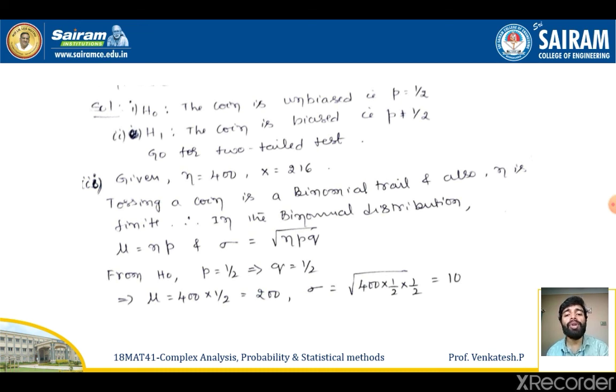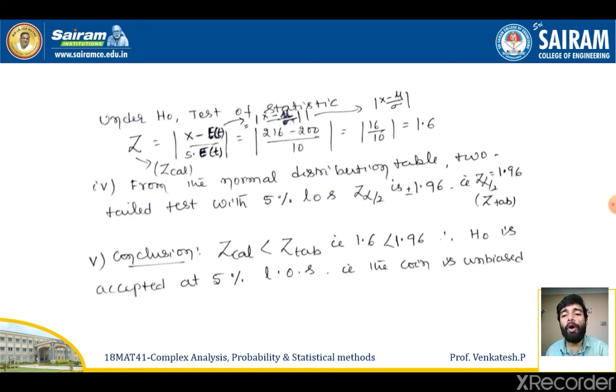Now I'm going to use these values in the formula to test the hypothesis under H naught. The formula is Z equal to modulus of x minus mu divided by standard deviation sigma. Replacing all the values, 216 minus 200 divided by 10, I get 1.6.